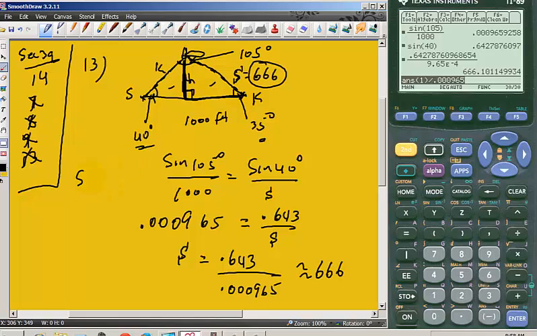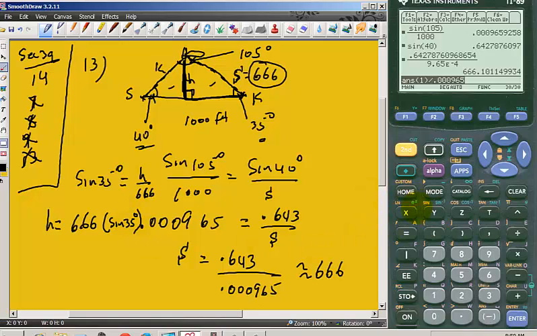So sine of 35 degrees is opposite, which is h, over hypotenuse, which is 666. So my h is 666 times sine of 35 degrees.